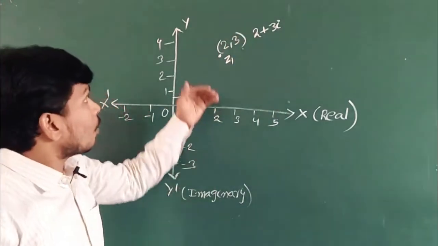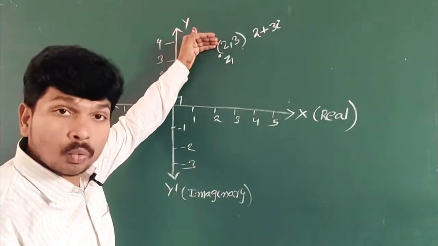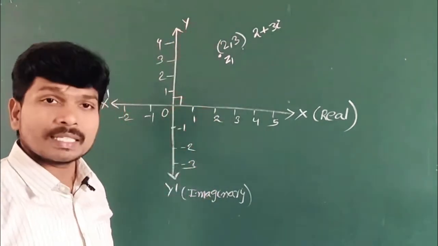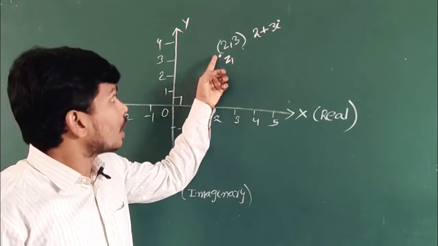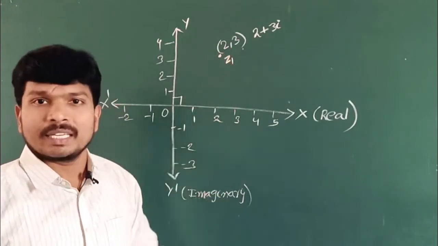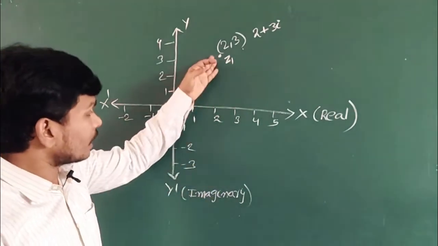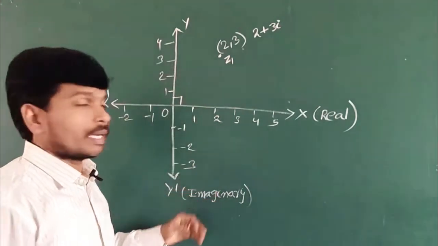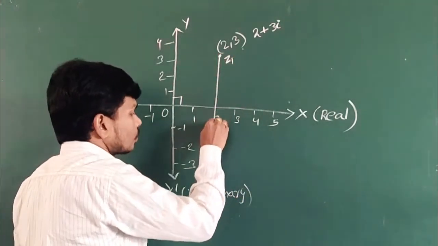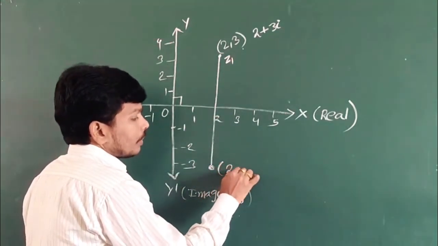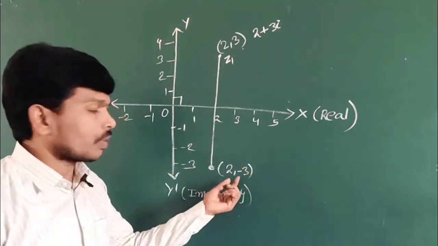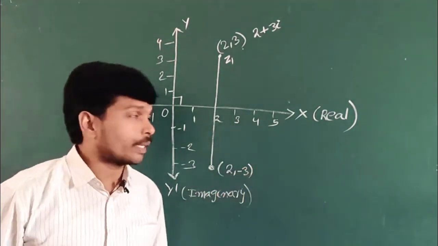You know what the reflection of (2, 3) with respect to the x-axis is. Taking the x-axis as a mirror, what is the reflection of the point (2, 3)? Definitely that reflection is in the 4th quadrant. Yes or no? If it is in the 4th quadrant, what does it become? (2, minus 3), because in the 4th quadrant the y-axis is negative.